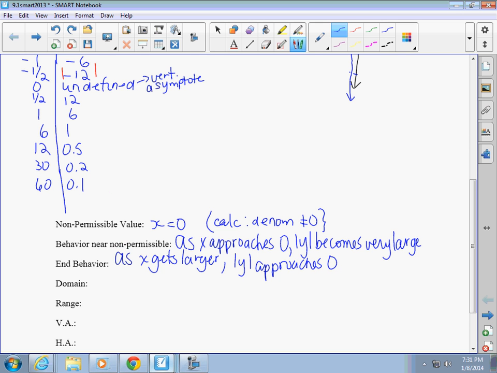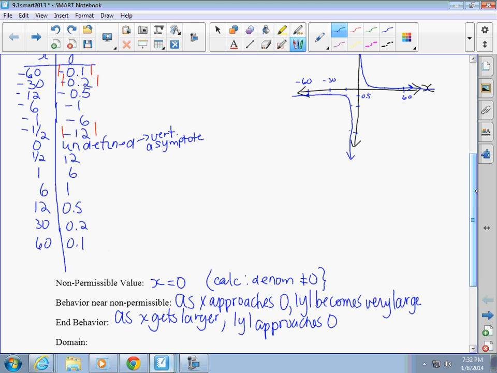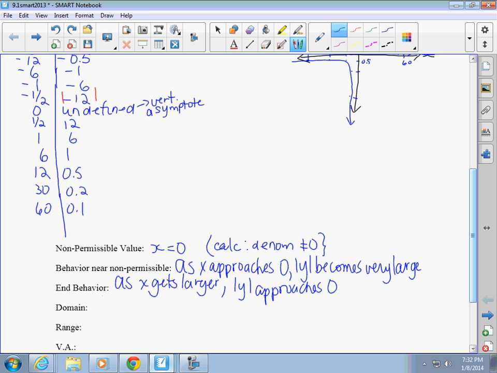So what is my domain? Well, for my domain, I can use any real number that I want, except for 0. So I write that as x is not equal to 0, x is an element of real numbers. So every single real number except for 0.